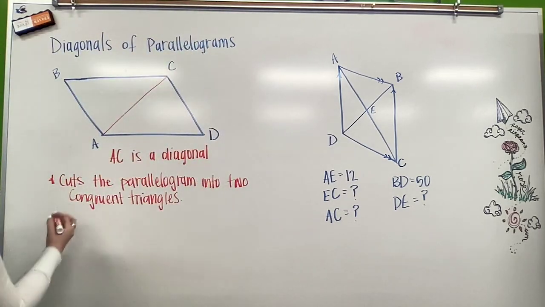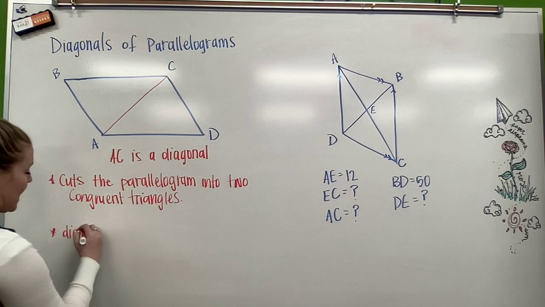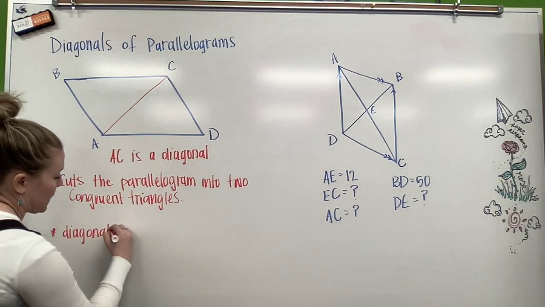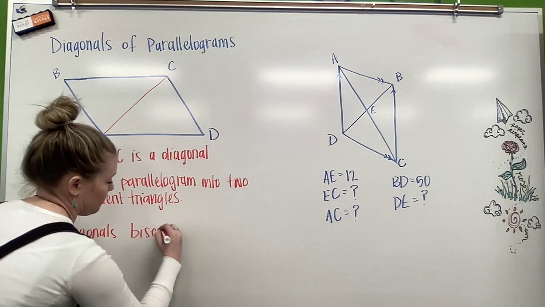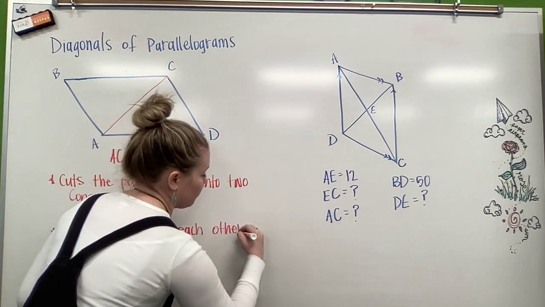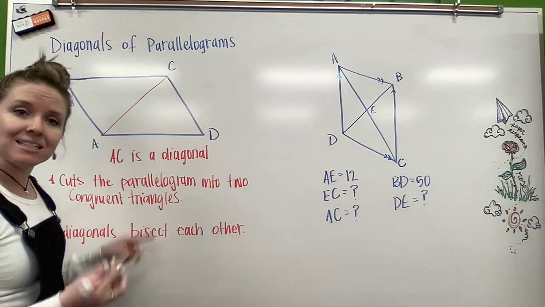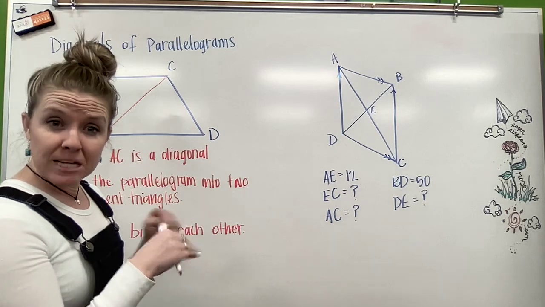Okay, and our next property of parallelograms is our diagonals bisect each other. Bisect means it's going to cut them perfectly in half. So they're going to bisect those diagonals.